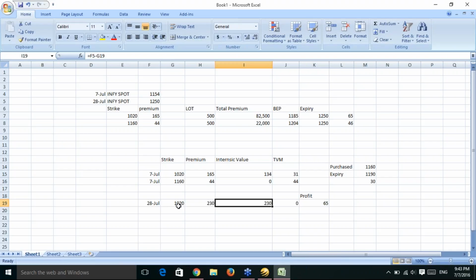That will be the premium you're going to receive when you are selling the contract. So remember, the call seller receives the premium. You previously bought the call option, so you paid 165 rupees as premium, and when you sold, you received 230 as a premium. The difference between that is 65, which is your profit.